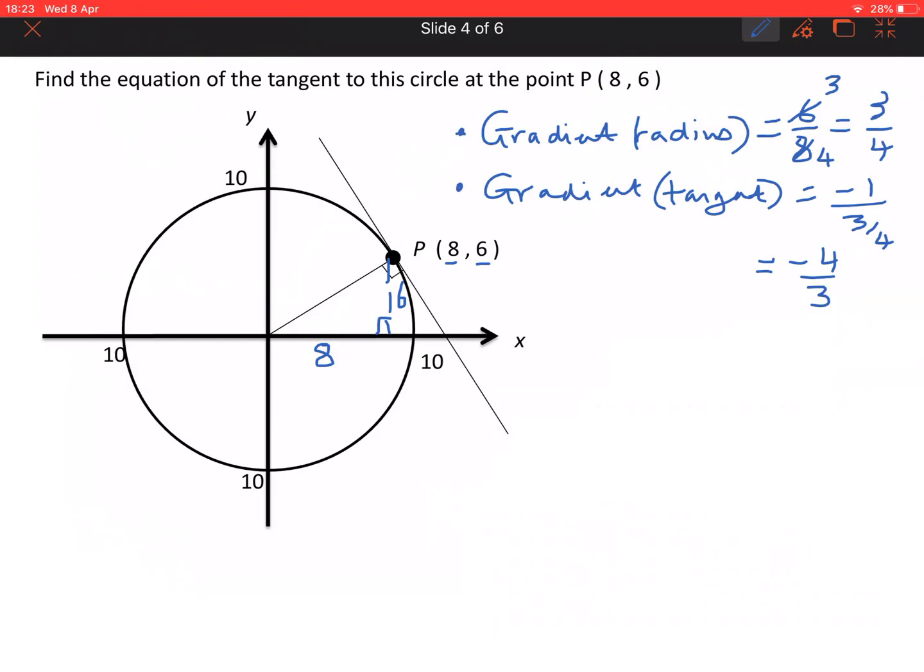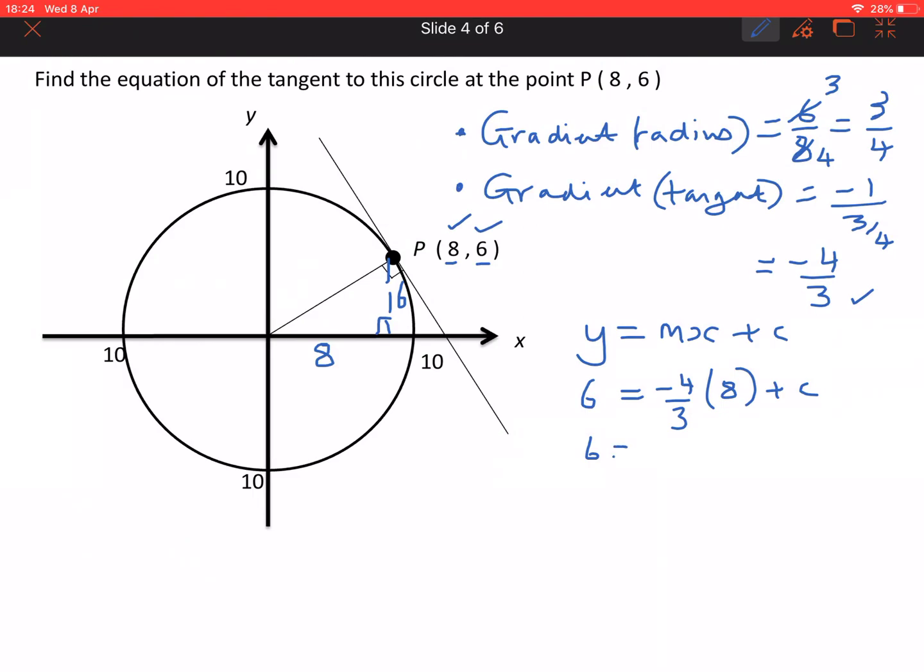So now my next step, I know that the equation will be y equals mx plus c of the tangent, the general equation of a straight line, where y is 6, m is -4/3, x is 8, and the only thing in that equation that I don't know is c, so I can find it out.